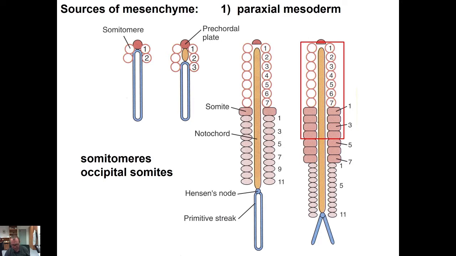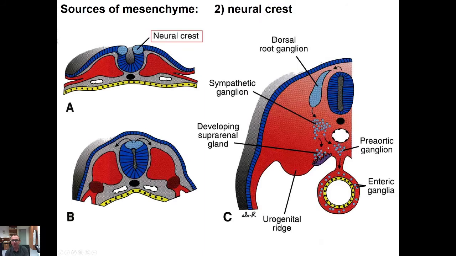So, paraxial mesoderm. The second source of mesenchyme for the skull is the already mentioned neural crest. I really briefly mentioned that this is the population of cells which is forming during neurulation from the rims of the neural groove, so that means from neural folds.